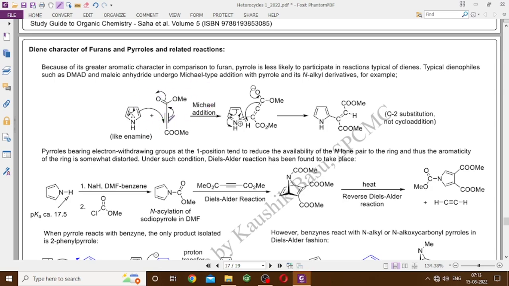So this is a Michael acceptor, and this is behaving as an enamine, acting as a Michael donor, just like enols or enolates behave, and it is giving rise to the Michael addition product, where we have the central carbon sp hybridized, just like an allene derivative, which undergoes proton exchange and aromatization to give you the corresponding C2 substituted product. So that's basically an aromatic electrophilic substitution, which is definitely not a cycloaddition.